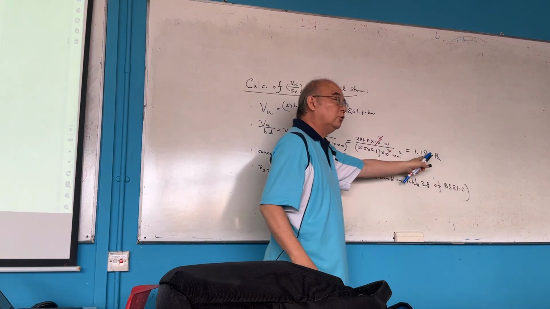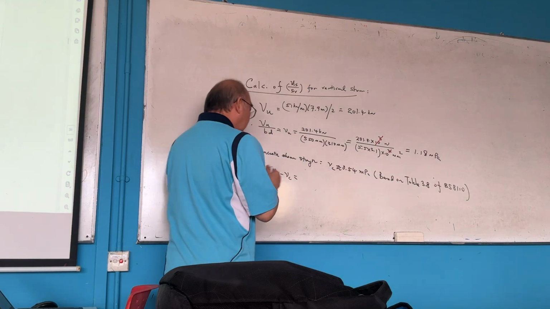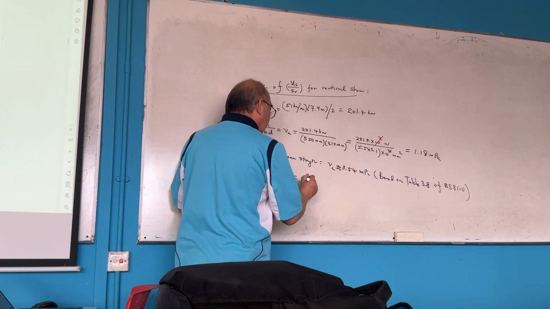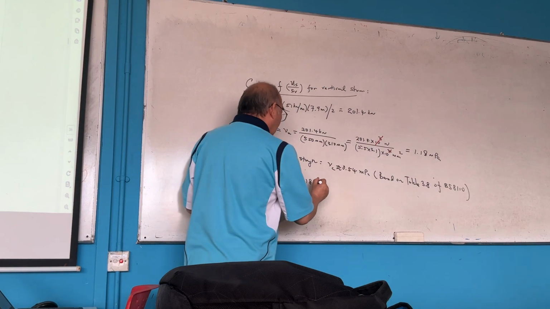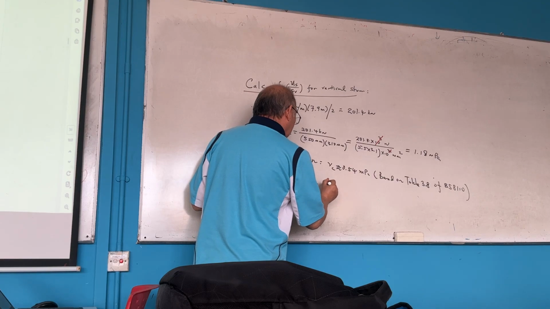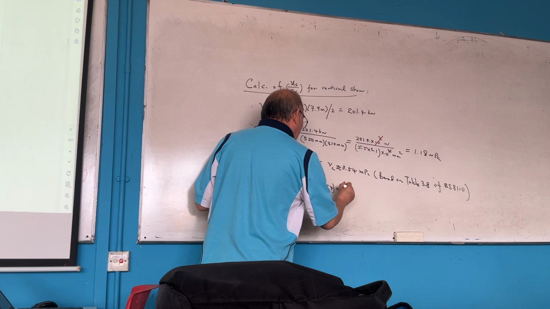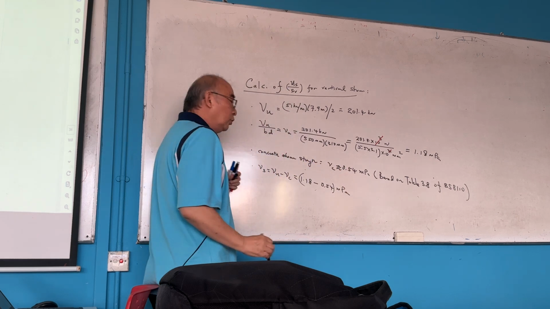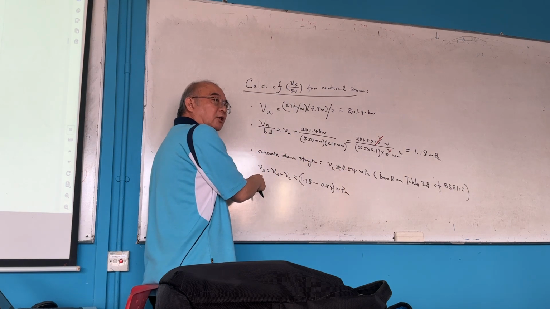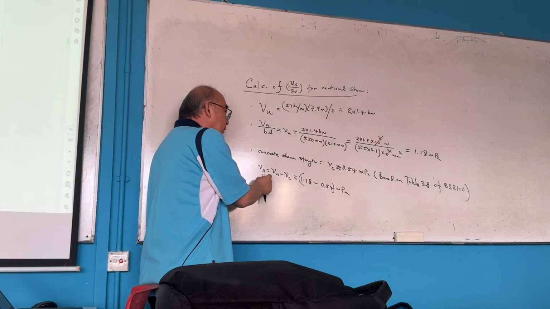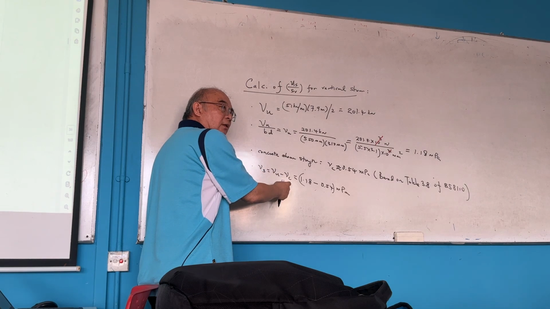Our shear stress is 1.18, right? And our concrete can provide 0.54. So the remaining has to be taken by the shear link. Understand? So vs is equal to vu minus vc.